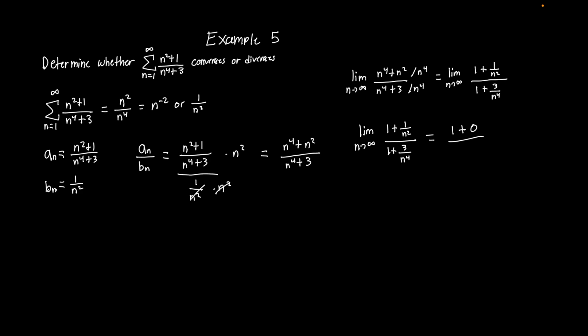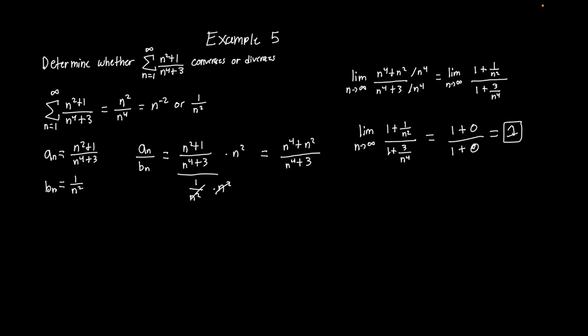We've done this a million times. A small number divided by a huge number is just 0. The bottom is also going to be 1, since 3 divided by infinity to the fourth is also 0. So 1 over 1 is just 1. We got the limit to equal 1.